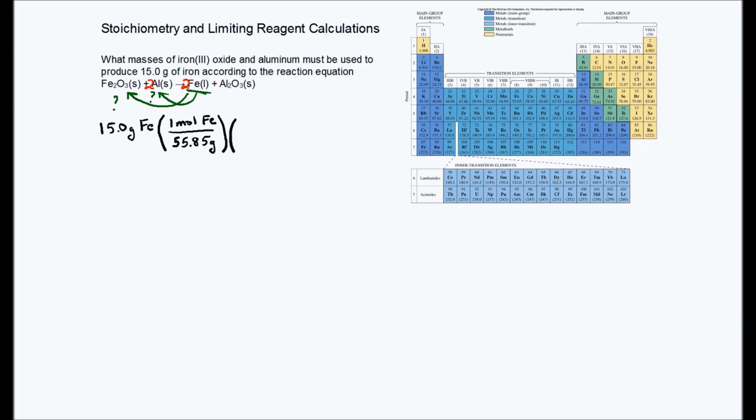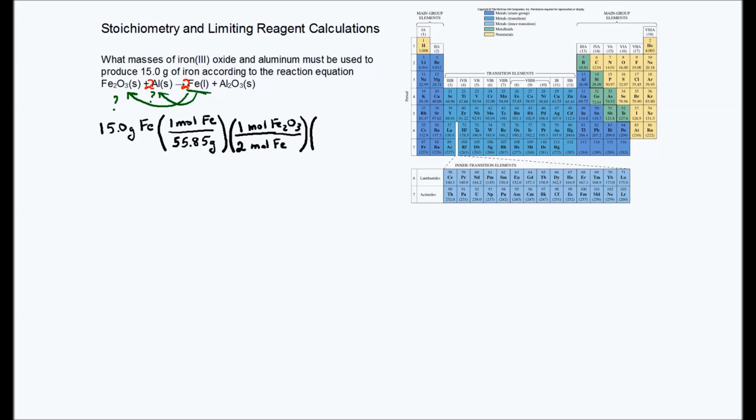And now I can go from moles of iron into moles of what I want, moles Fe2O3, let's say. And these numbers, remember, come from the balanced reaction. The number in front of the Fe2O3 is 1. The number in front of the Fe is 2. So 1 in front of the Fe2O3, 2 in front of the Fe.